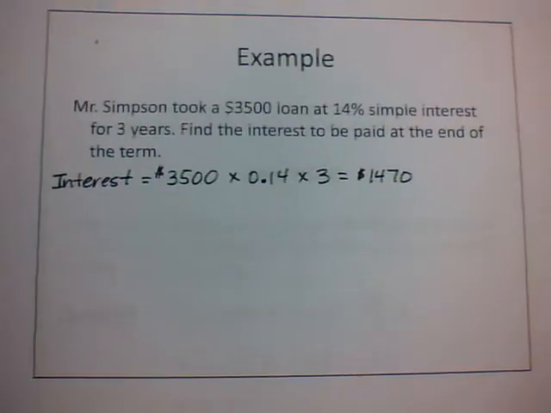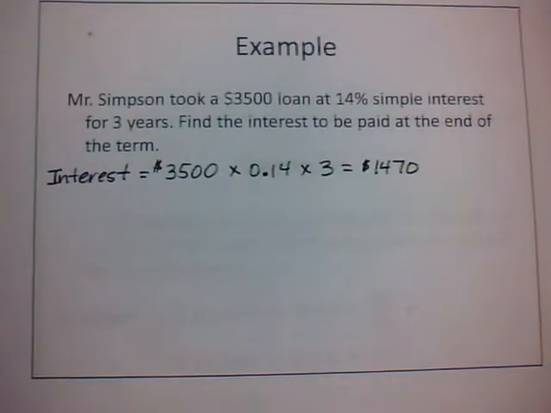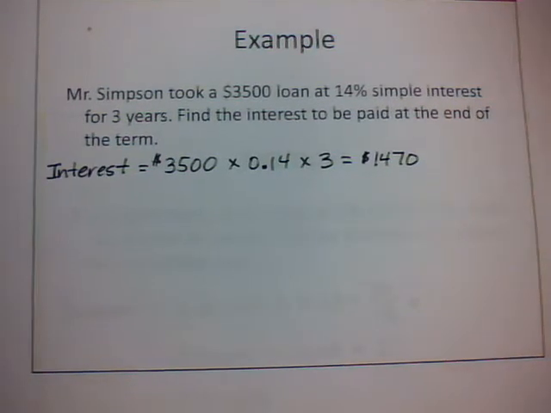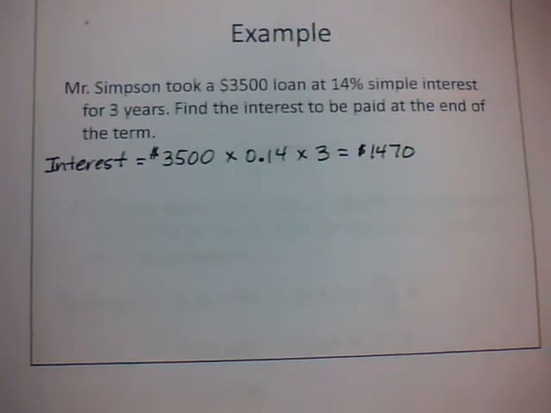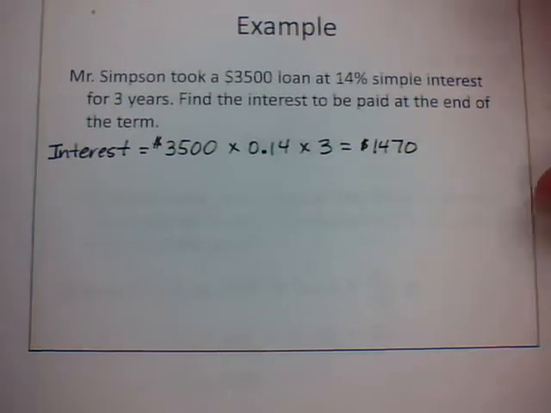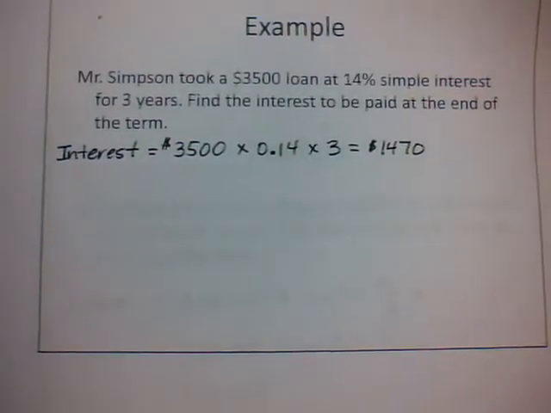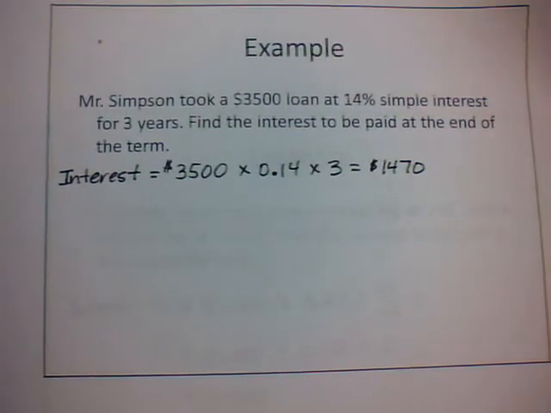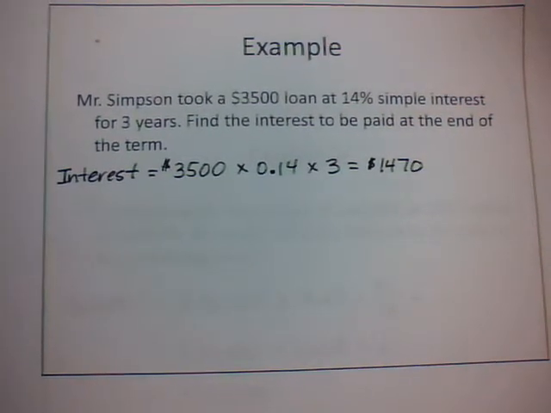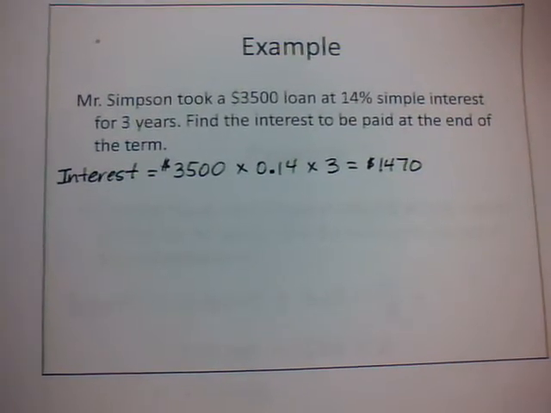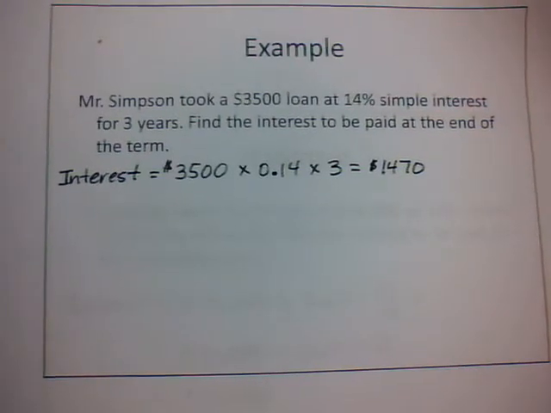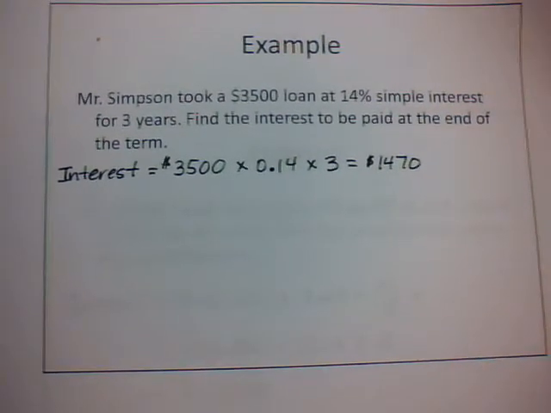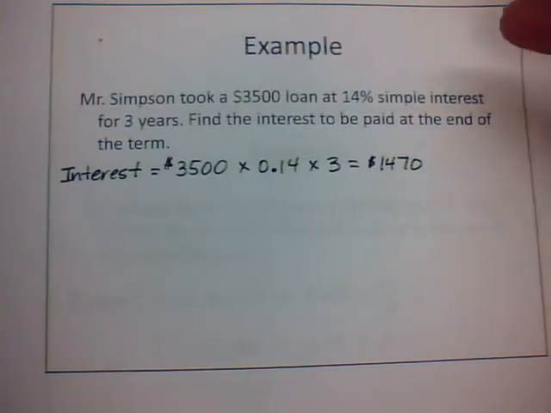Like in this particular problem, Mr. Simpson took a $3,500 loan at 14% simple interest for 3 years. And we want to find the interest to be paid at the end of the term. So here we use the formula I is equal to P times R times T. So that means that the interest is going to be $3,500 multiplied by 14%.